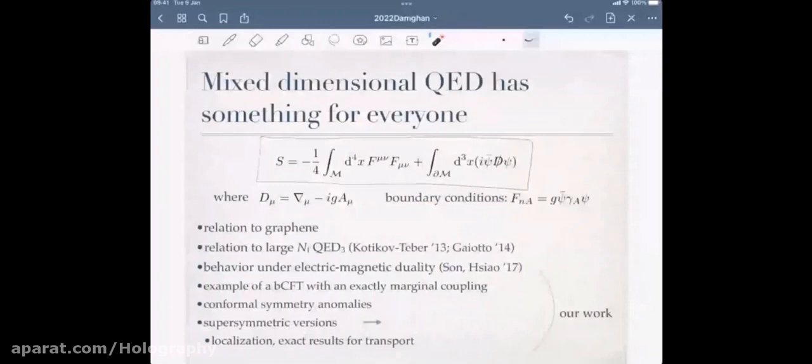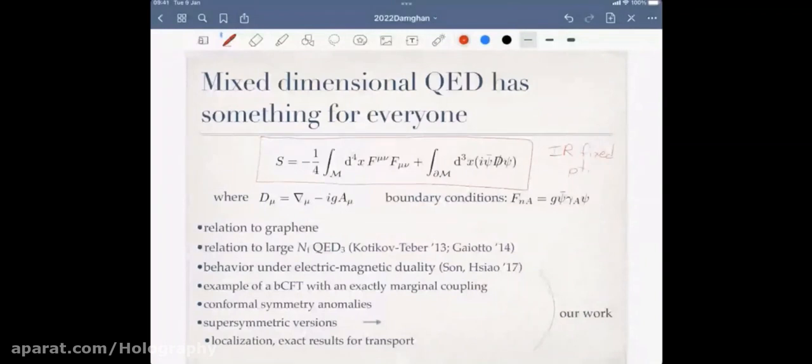But there's a claim that if you follow graphene to its RG fixed point, it will land precisely on this mixed dimensional QED: the speed of the electron will gradually increase, there's a beta function for it, until it matches the speed of the photon. The magnetic interactions will be restored, and this guy is the ultimate IR fixed point for graphene. So that's one really neat thing about this theory.